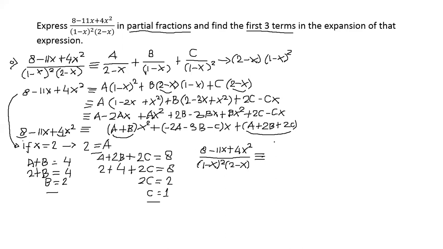Yeah, of course, a is 2, so 2 over 2 minus x, plus b, 2 as well, 2 over 1 minus x, plus c, how much? 1, over 1 minus x squared. Okay.